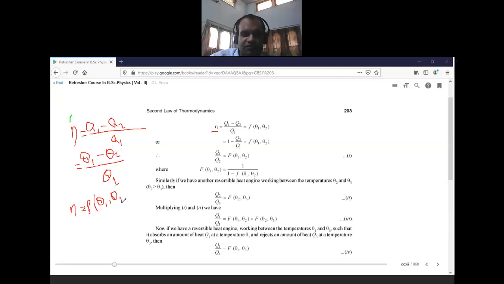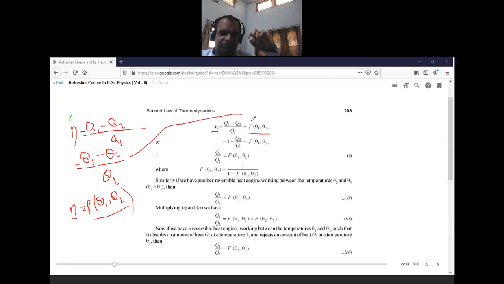Don't get confused, this is theta. I'm finding it difficult to write here, but it's theta. So the efficiency of this heat engine is a function of theta 1 and theta 2, the temperatures at which the source and the sink are maintained. That is why it is written like this.